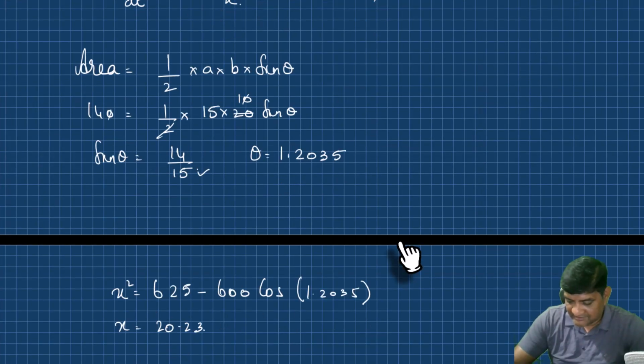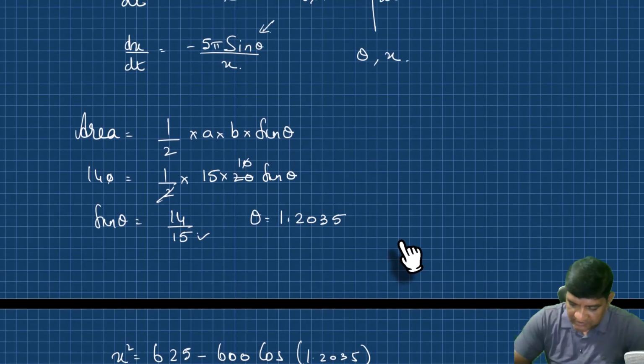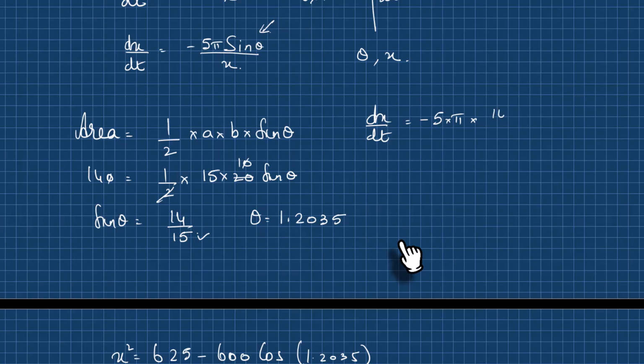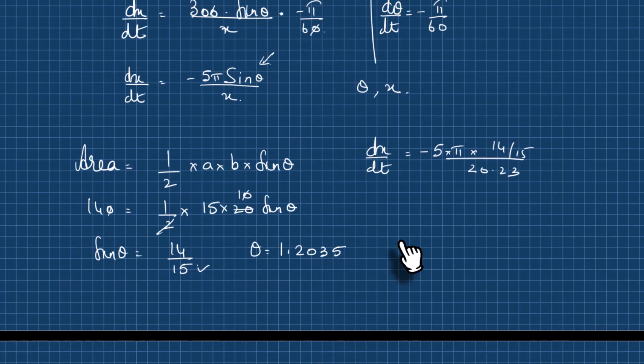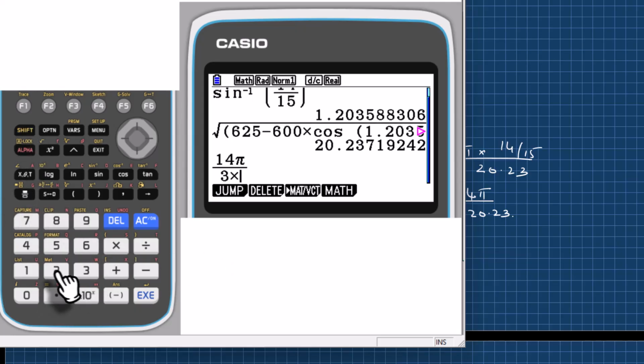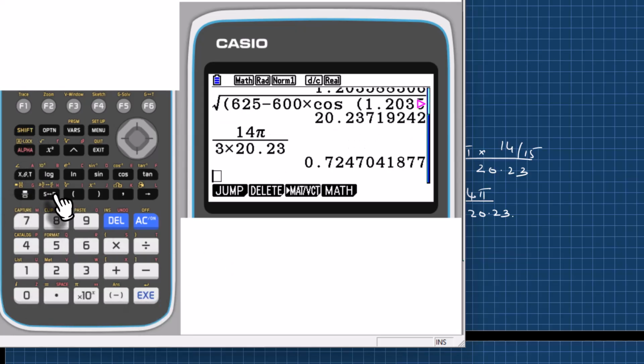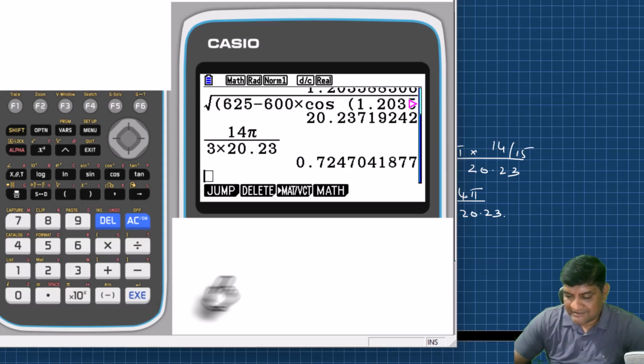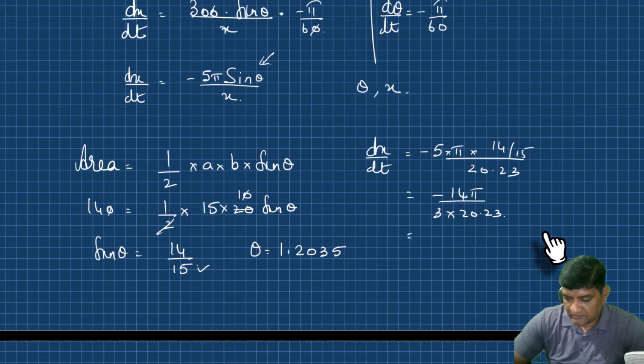I'm now going to take x as equal to 20.23 and substitute it in here. So that's your final answer, which is minus 0.724.